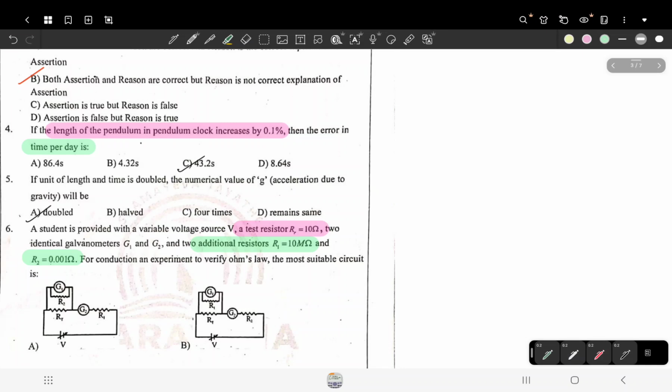You guys know how to convert a galvanometer into an ammeter as well as a voltmeter, right?